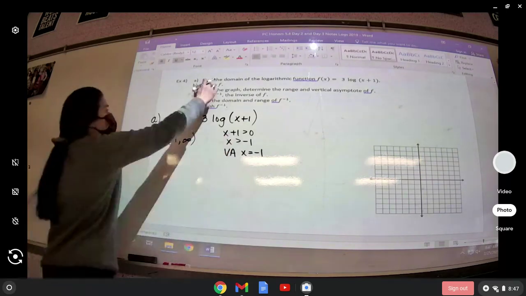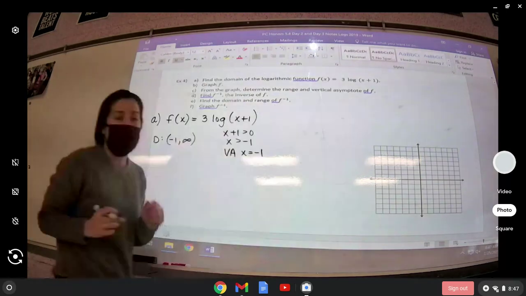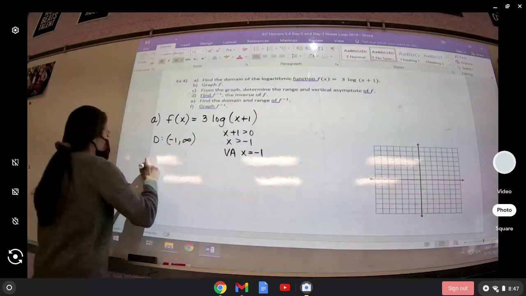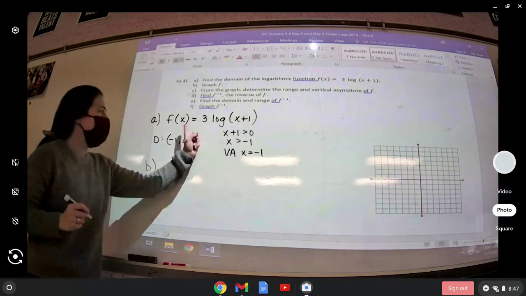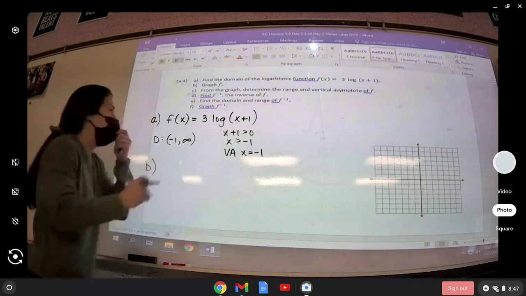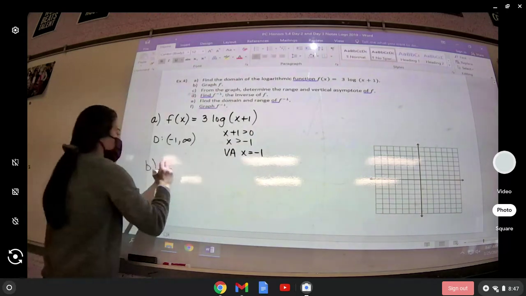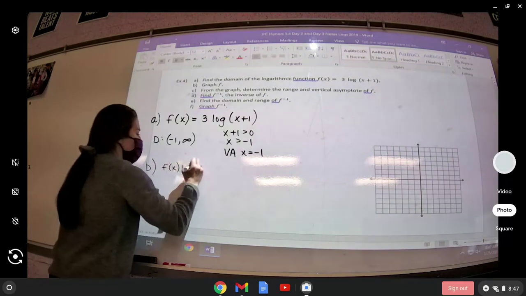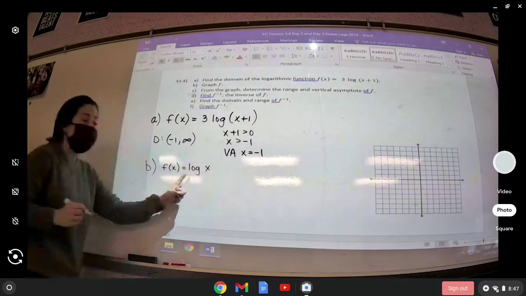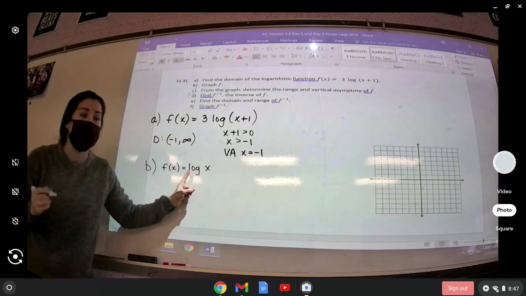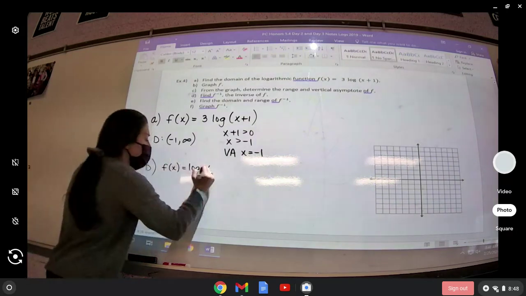All right, then it says graph f. We have to graph the function. All right, so in order to graph it, let's recognize what the original function would have been with all of these changes. It just would have been the log of x, which, that's the common log, guys. This is the base that's assumed to be 10. This is a base 10 log.